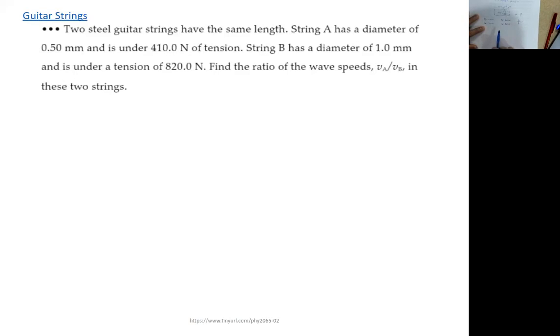So for our tension, we can use F, because in our formula we say F. F_A and F_B.